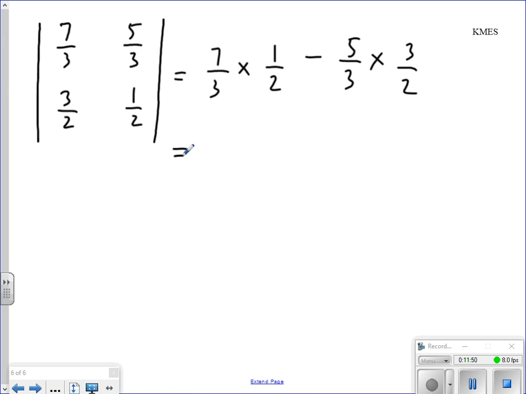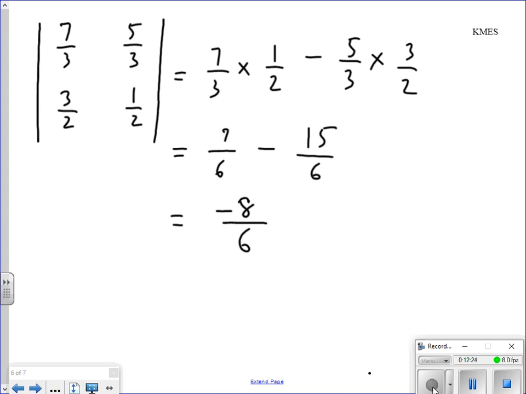I hope you know how to multiply. 7 ones are 7 upon 3 twos are 6 minus 5 threes are 15 upon 3 twos are 6. Here the denominator is equal in both the cases. So 7 minus 15, that will give us minus 8 upon 6. That will be your answer. Take a pause here to complete the sum.